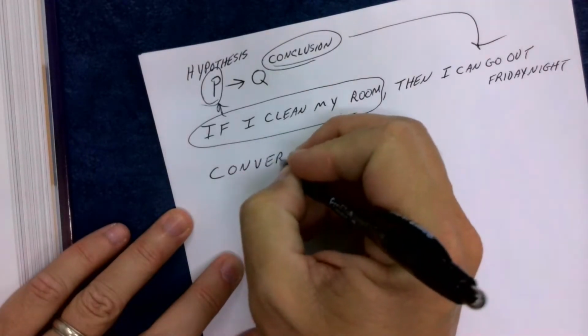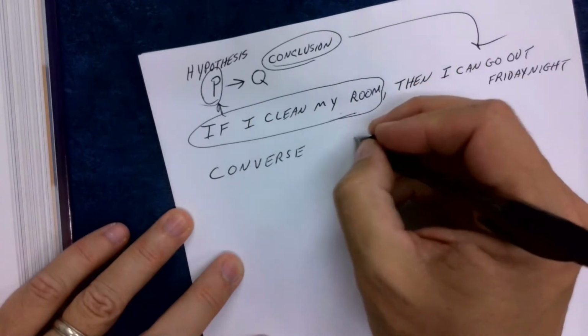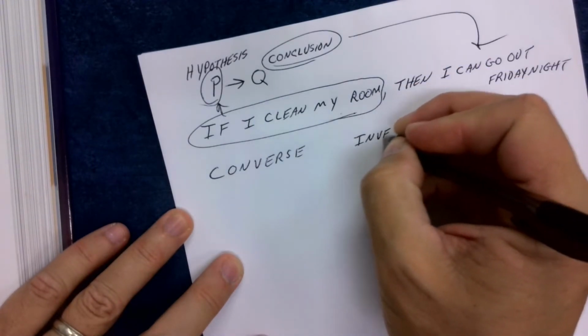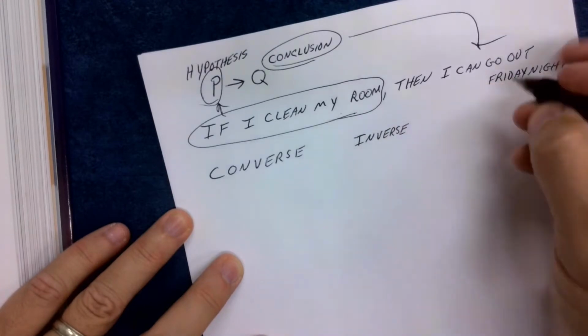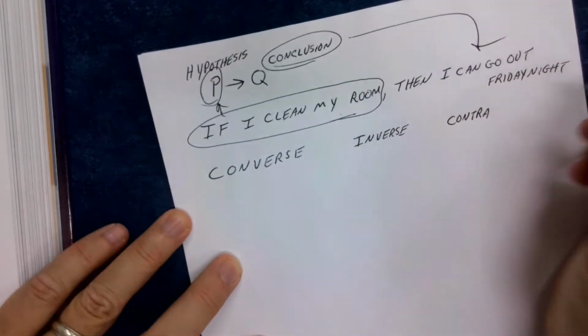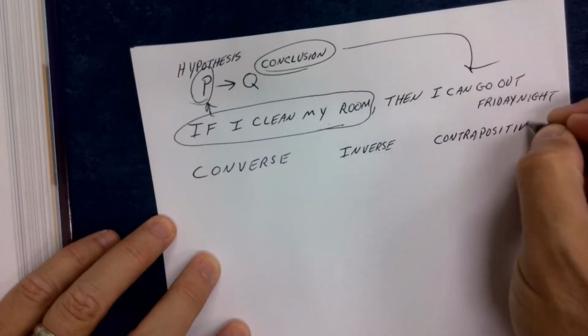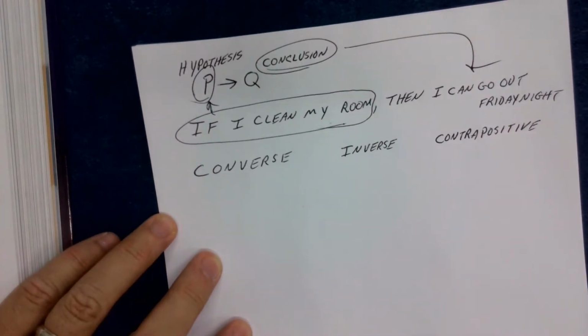We're going to talk about its converse, something called its inverse, and a big weird word, its contrapositive. I'm going to give you a little notation for it first.